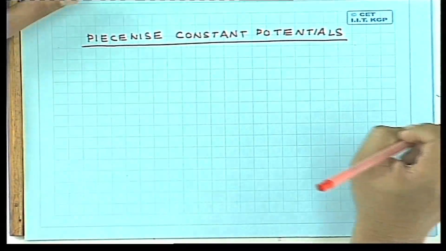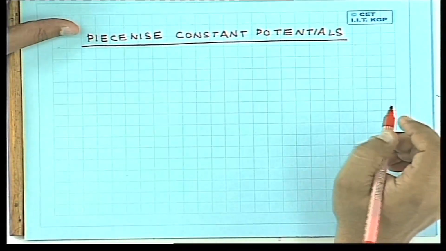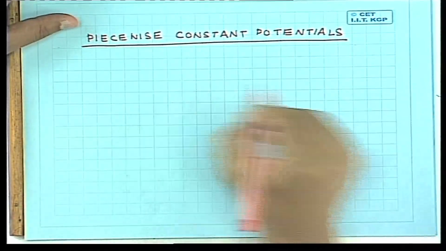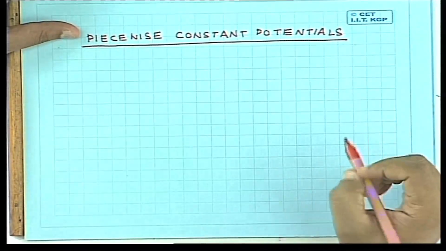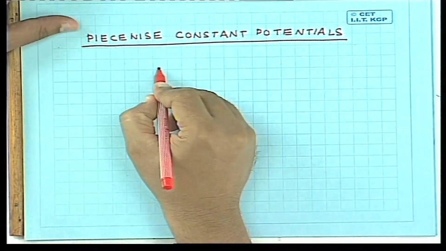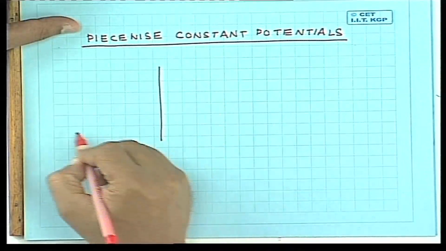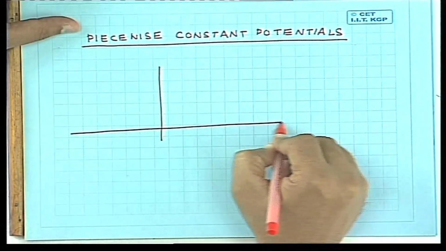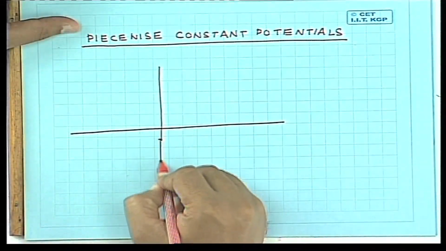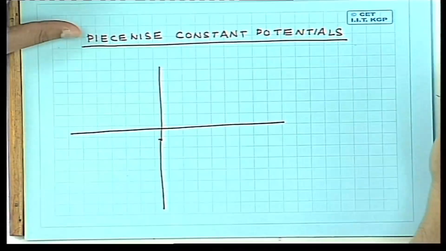These are potentials which over a finite range of x may be treated as constant, and then the constant value of the potential changes. Let me give you an example of a piecewise constant potential and why they are useful in physics.